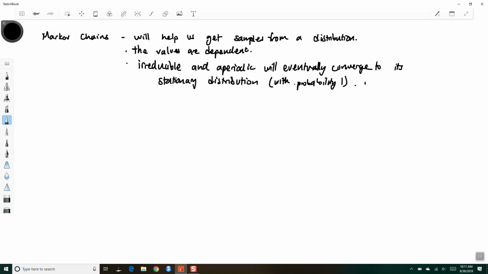And that's the ergodic theorem. And we looked at a simple two-state case.